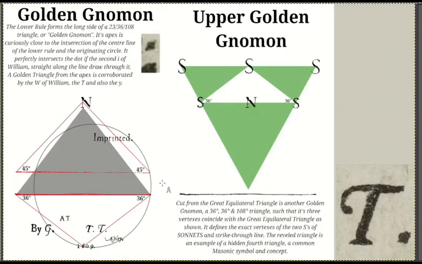We have three golden gnomons. We've got this one at the bottom that's beautifully defined, we've got this one that generates the Vesica piscis, and indeed there's a golden gnomon on the dot after the second of the two T's.